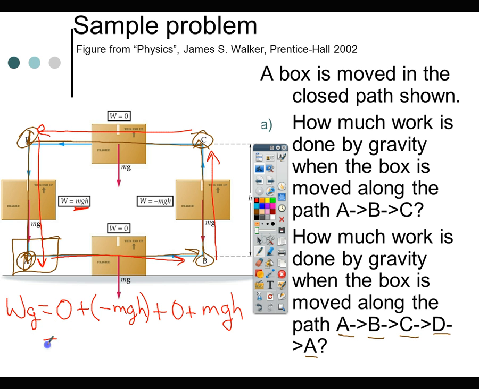If you sum all this together, we do get 0, and so that goes to show you that when you move the box in a closed path all the way around the circle, you should end up with no work being done if you go by just the strict definition of work for this.